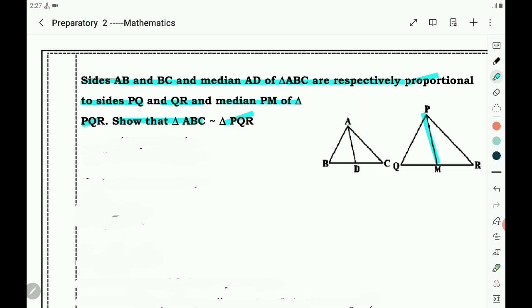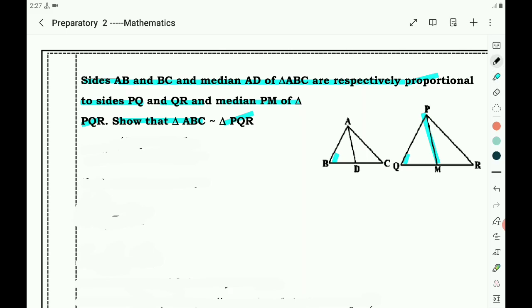Now, to prove triangles ABC and PQR are similar, we need any one of the similarity criteria. Already there is AB by PQ equals BC by QR, that is given. If you prove angle B equals angle Q, then directly according to SAS similarity criterion you can prove triangle ABC similar to triangle PQR.